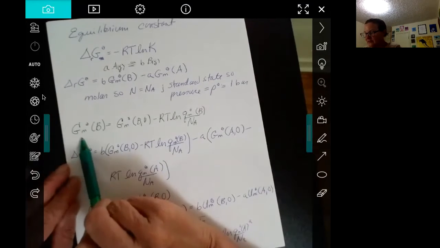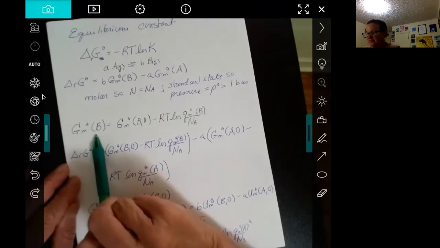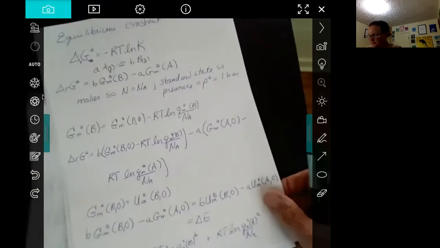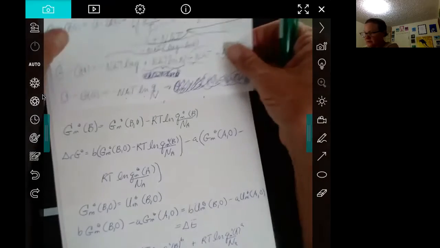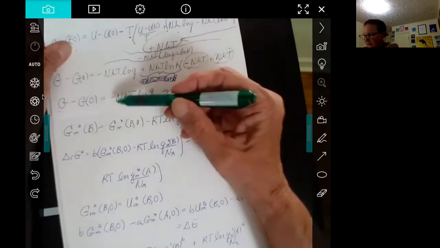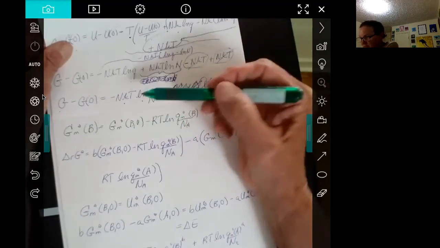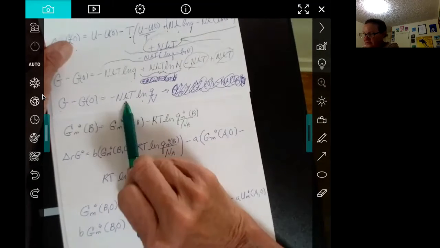So if we look at the product, the molar Gibbs free energy standard state for B would be equal to what we had right here. We just took this over to this side.